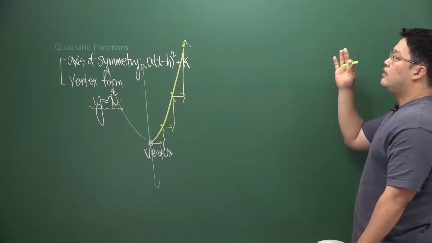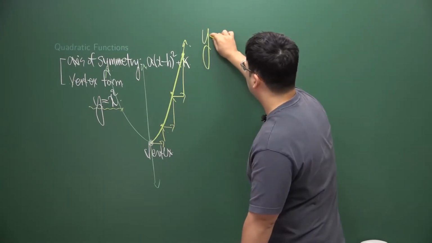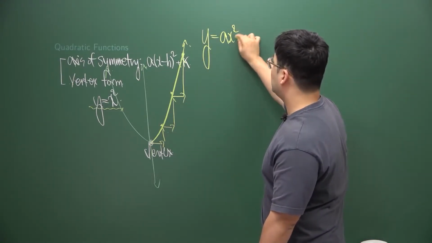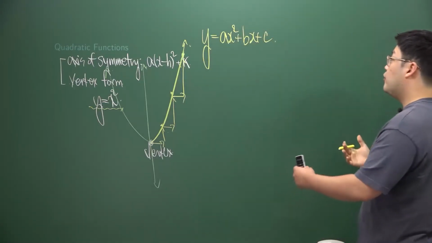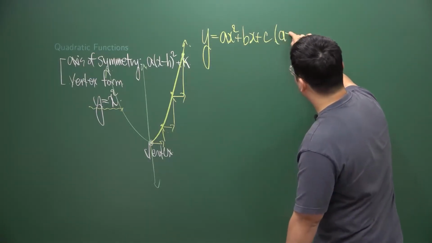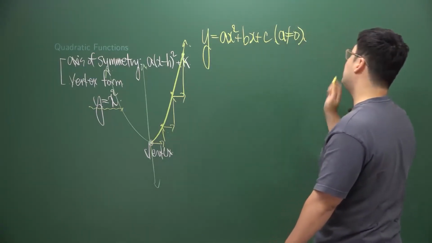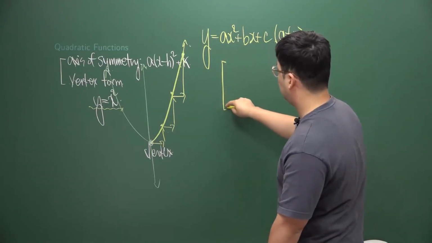Other than the standard form, ax squared plus bx plus c, which doesn't tell us anything about the given information except that a is not 0, we can change this into 2 forms.